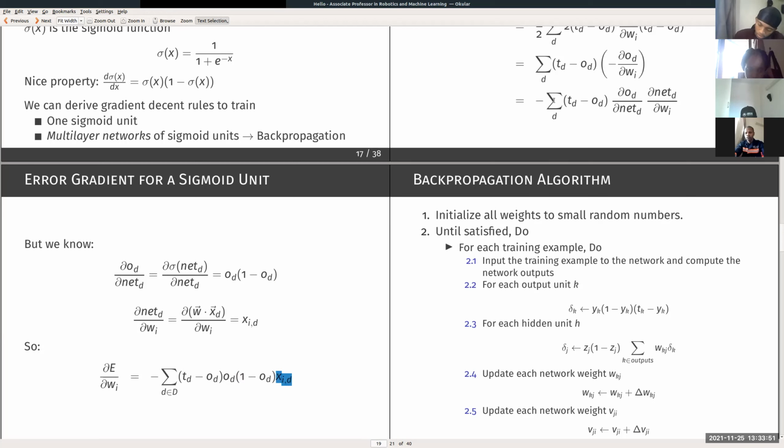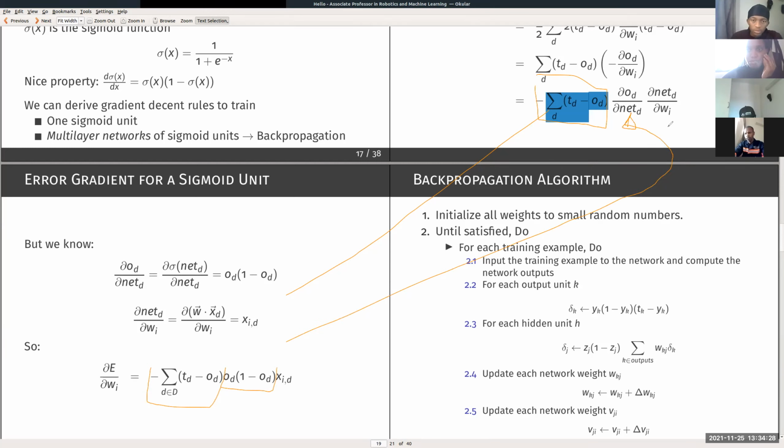So now we repeat. See this part. Because of the nice property of the derivative, we rewrite this part into here, and this part is output times 1 minus output, so we just substitute that.